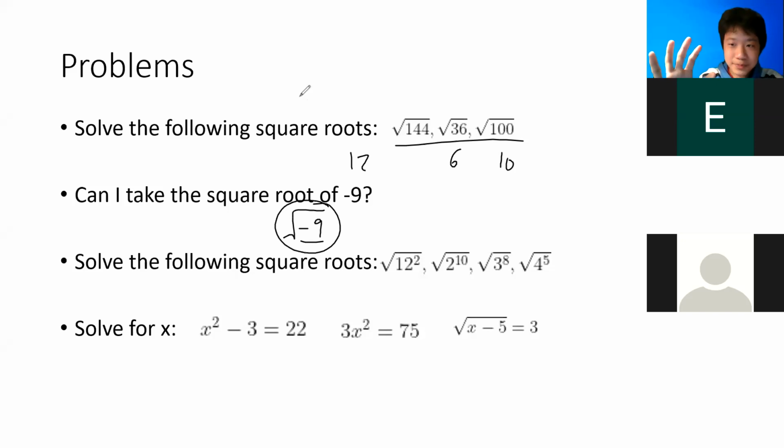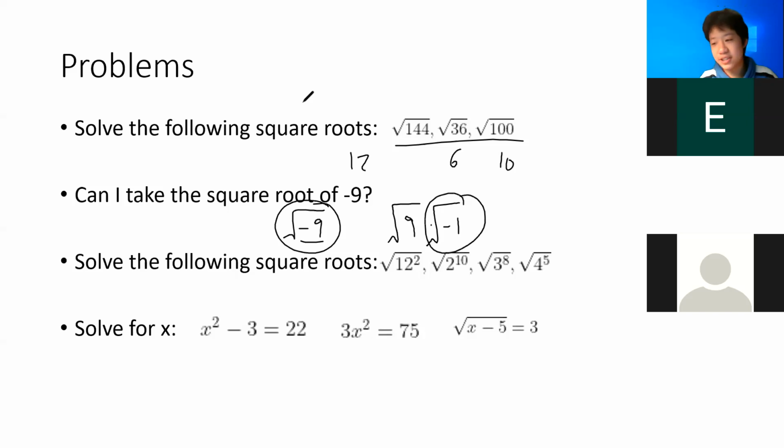But actually, these math people, they were like, let's just say yes. So actually the square root of -9 is the square root of 9 times the square root of -1. And for the square root of -1, mathematicians just went ahead and said, hey, let's just pretend that we can do this. So they've unlocked something called imaginary numbers, with the symbol i for the square root of -1.